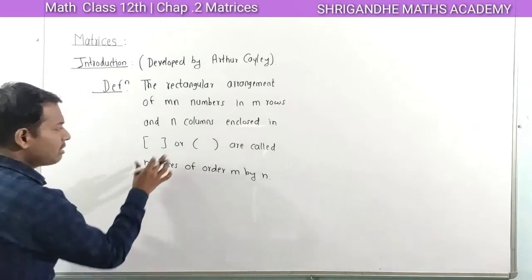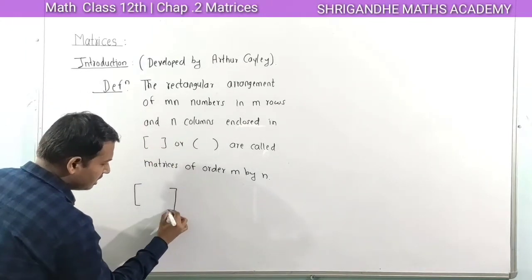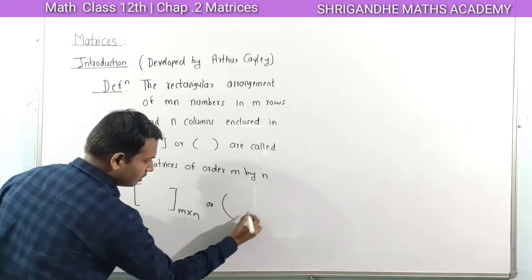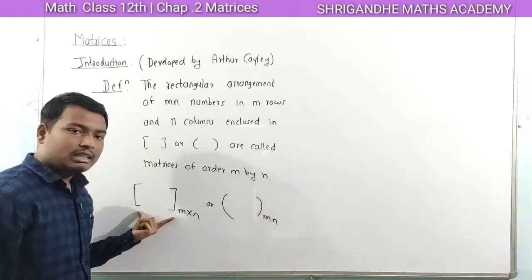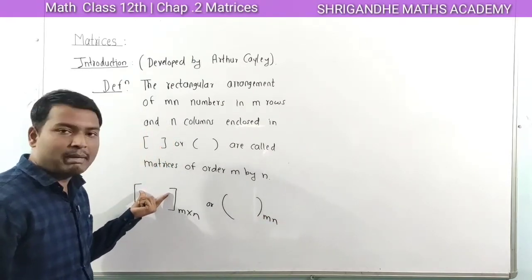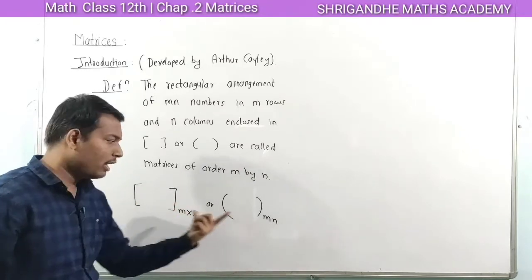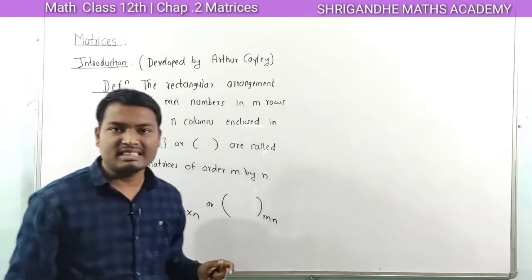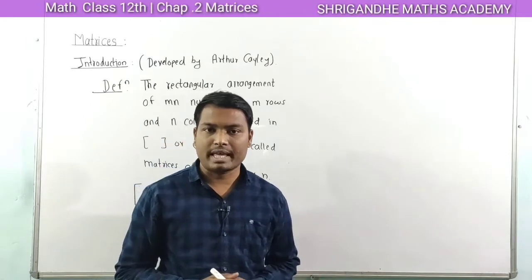Means the matrices are of this form, of m by n, in square bracket or open bracket. The numbers in matrices are enclosed by these two brackets, closed bracket or open bracket. Means you can write all the elements of the matrix in either square bracket or open bracket.